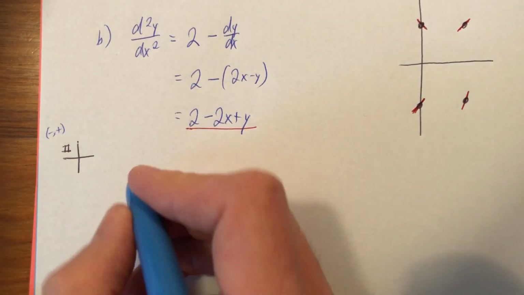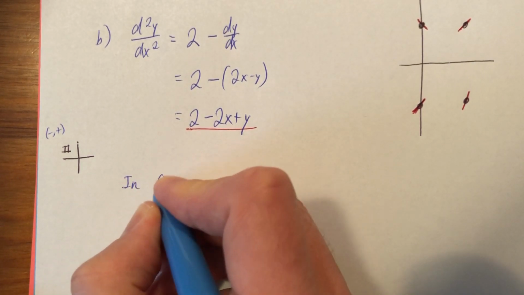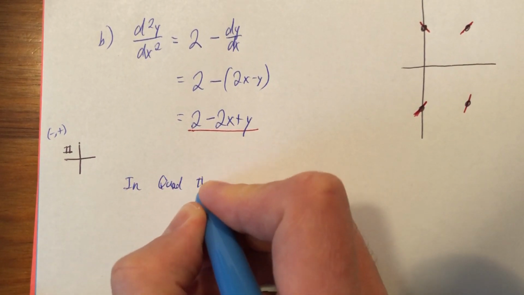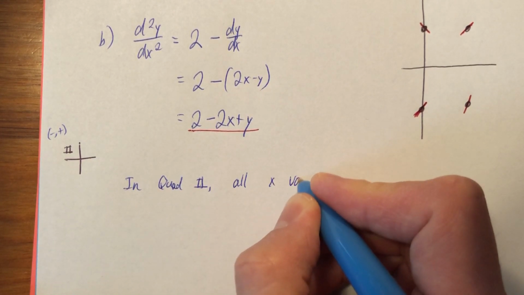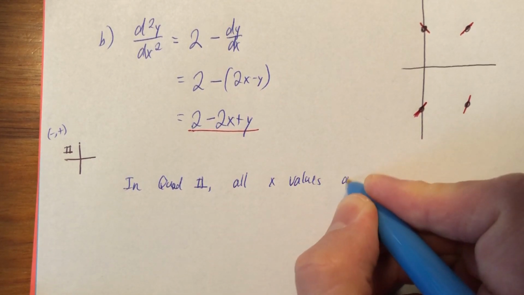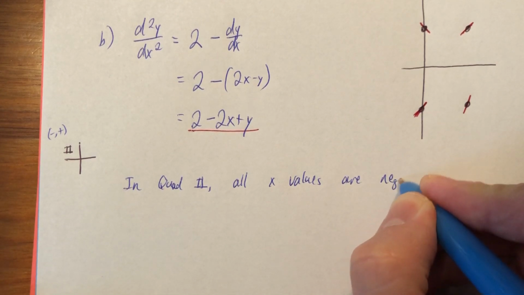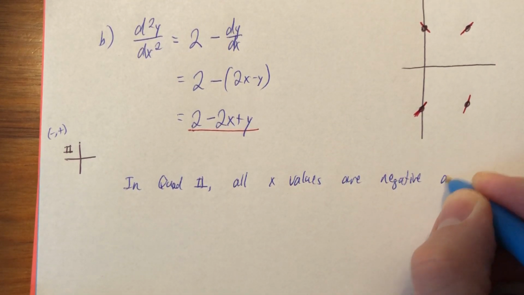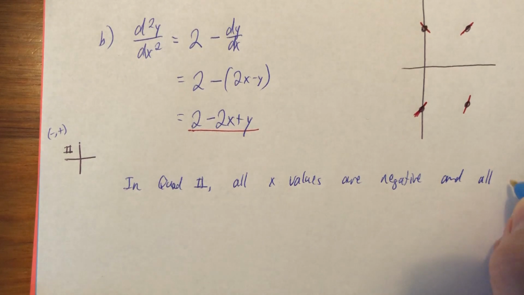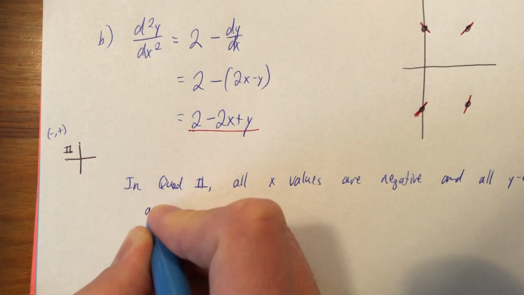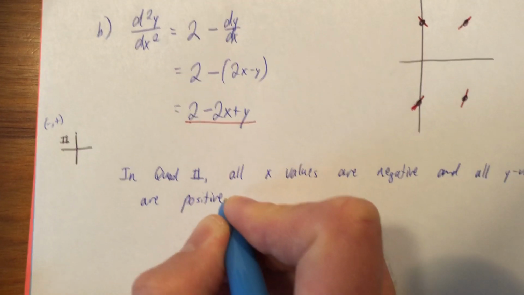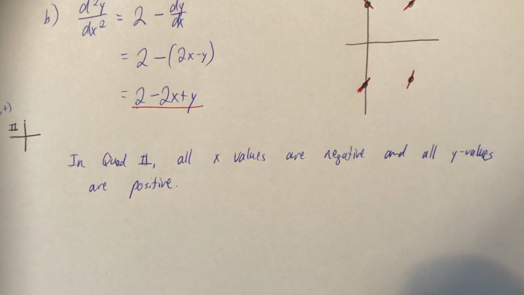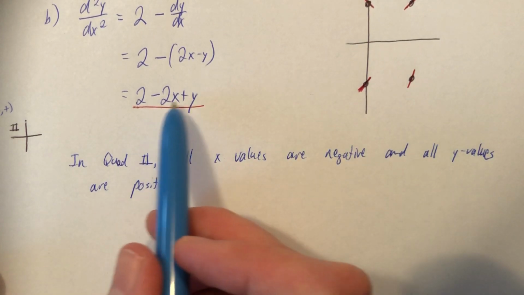So in quadrant 2, all x values are negative and all y values are positive. Now they asked me to talk about what that really means in terms of concavity, so I need to deal with this second derivative.